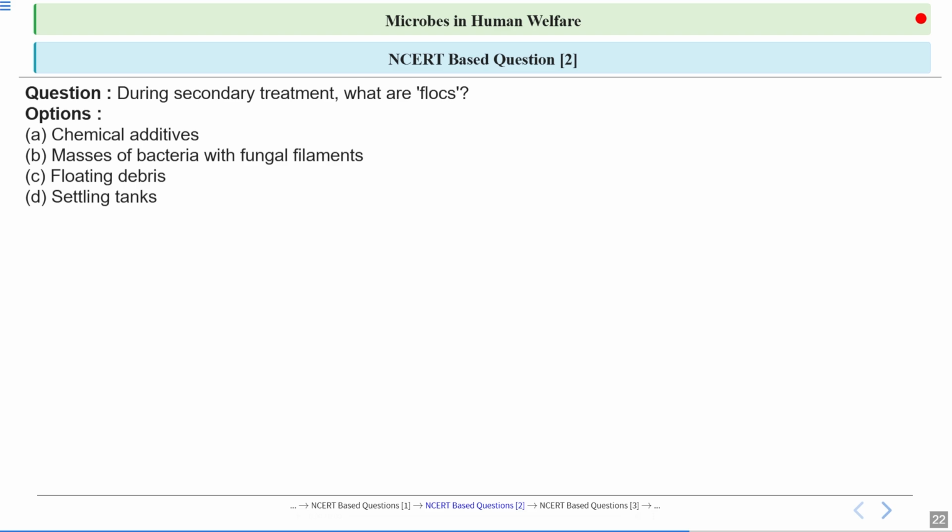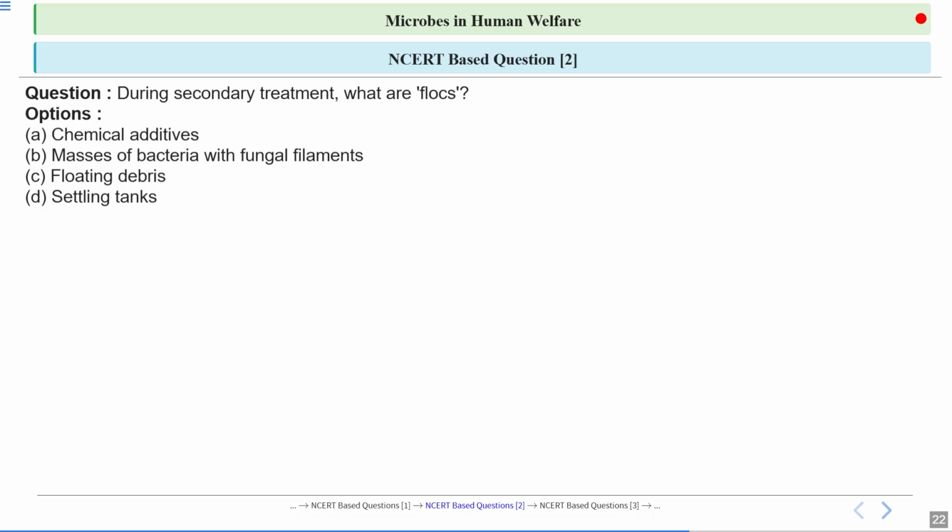Next question: during secondary treatment, what are flocks? Options are chemical additives, are there some chemicals which are added? Next option is masses of bacteria with fungal filaments. Then next option is floating debris and fourth option is settling tanks.